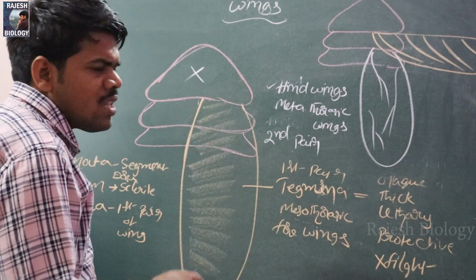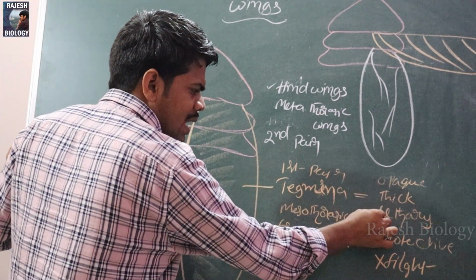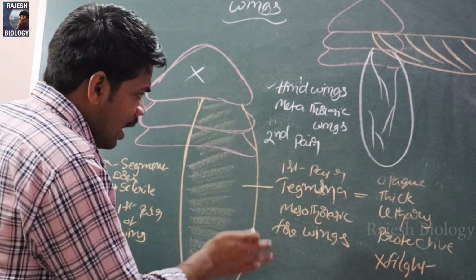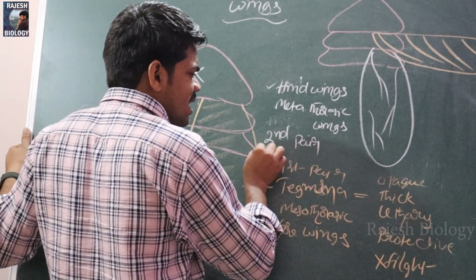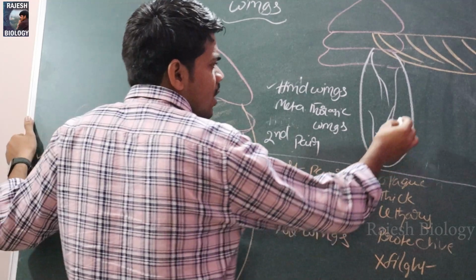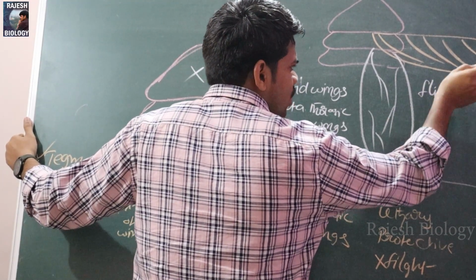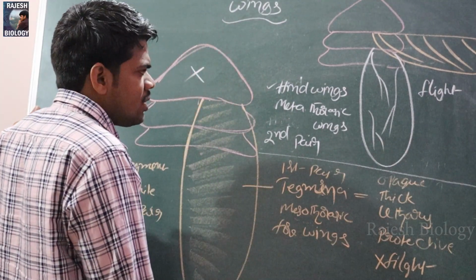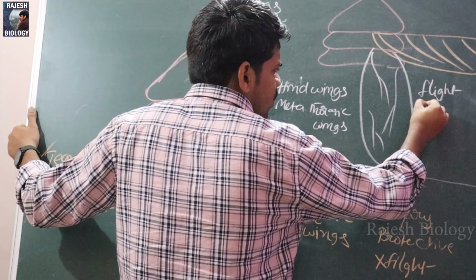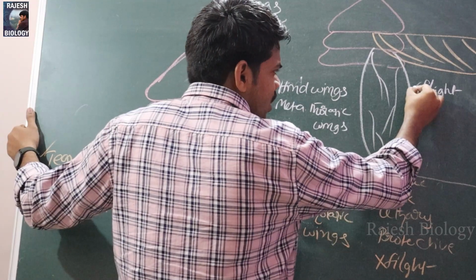Now come to the characters of these wings. Just like forewings are opaque, thick, leathery, with a protective function and do not help in the flight, what are the characteristic features and functions of the hind wings? Hind wings actually help in the flight. They only help in the flight.